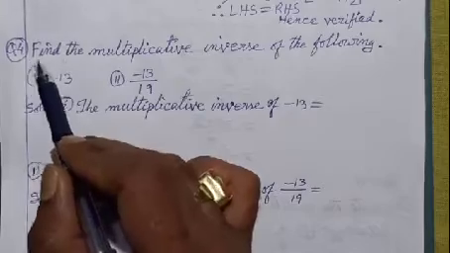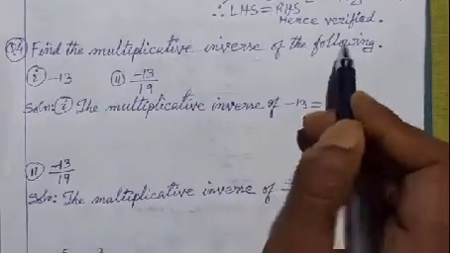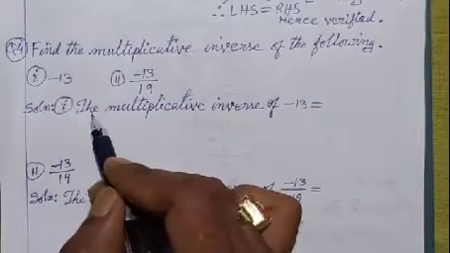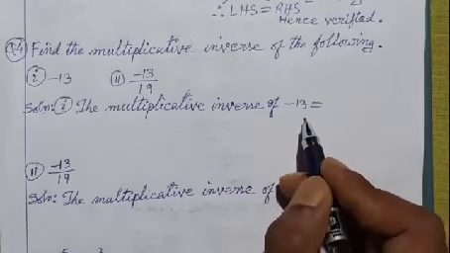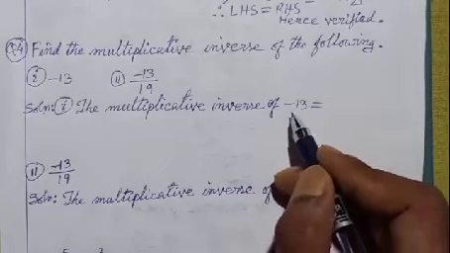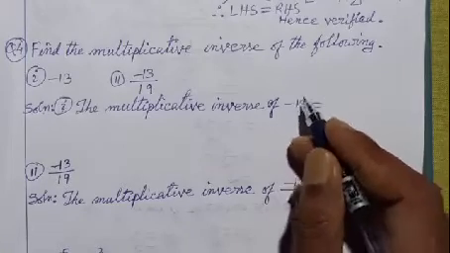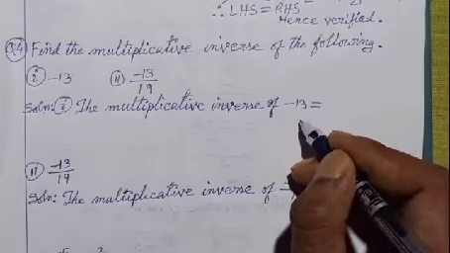Question number 4. Find the multiplicative inverse of the following. Roman number 1, minus 13. Solution, Roman number 1. The multiplicative inverse of minus 13 is equal to, we have learned that if we want to write the multiplicative inverse of a rational number, we have to interchange numerator and denominator. So here in this minus 13, in the denominator there is number 1.